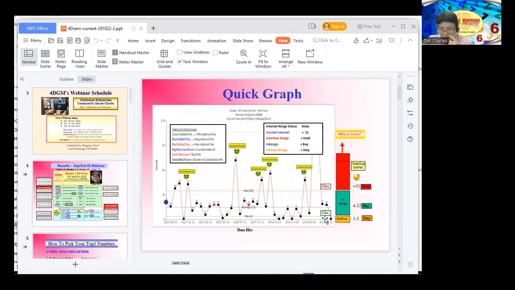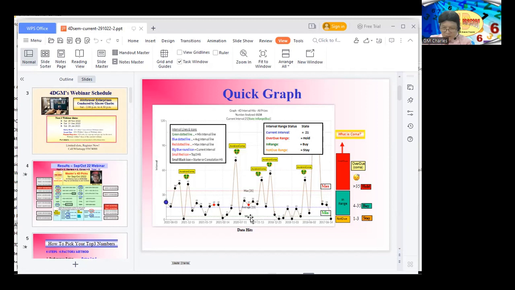Okay. Now, when a number is not due, the interval is below the minimum interval, which in this example is interval 4. So if a number's interval now is 1, 2, or 3, it is considered not due.